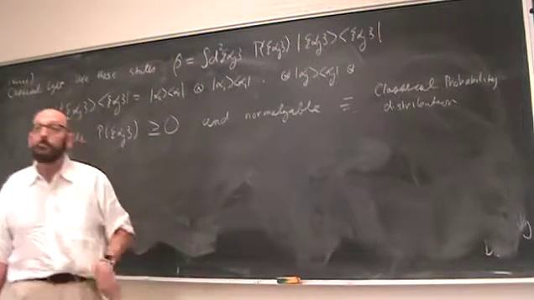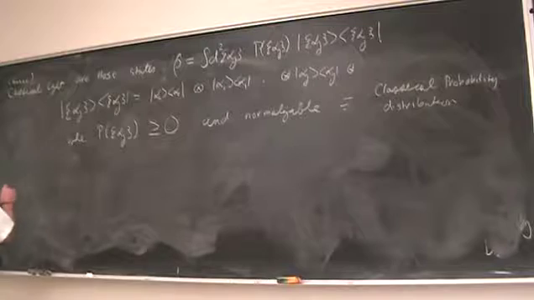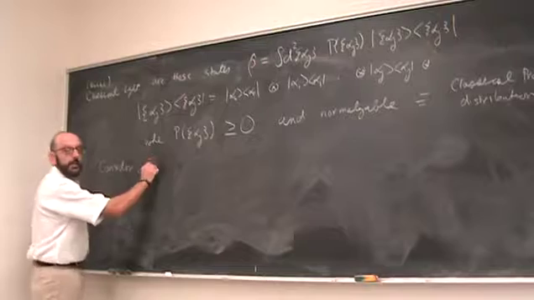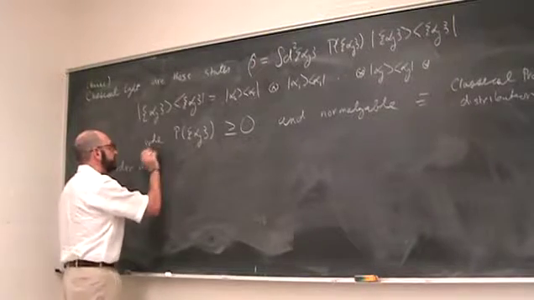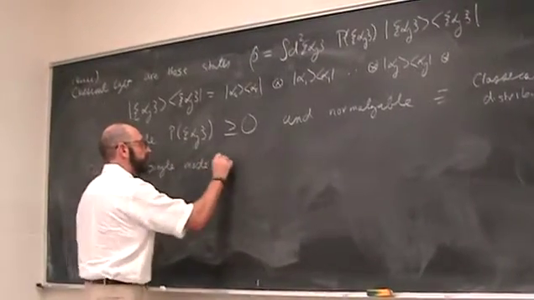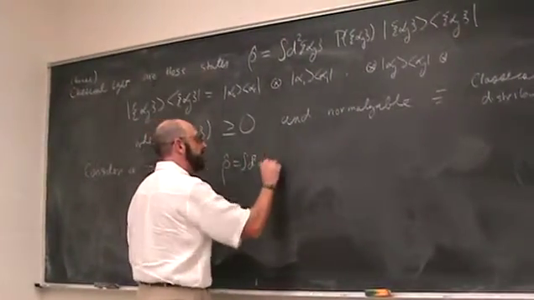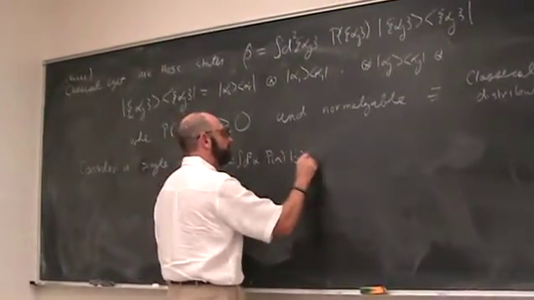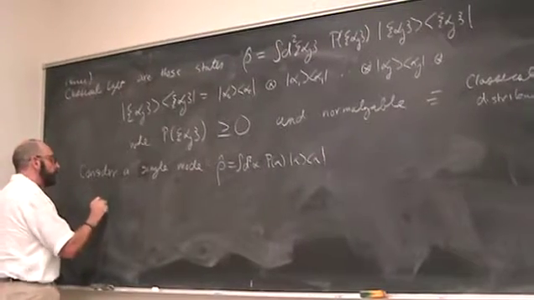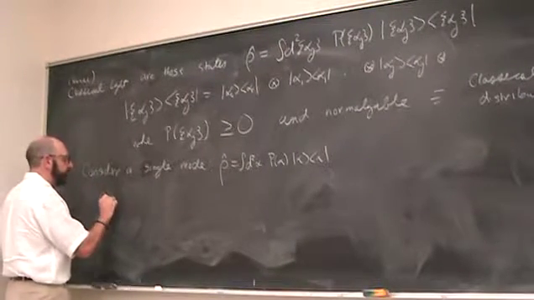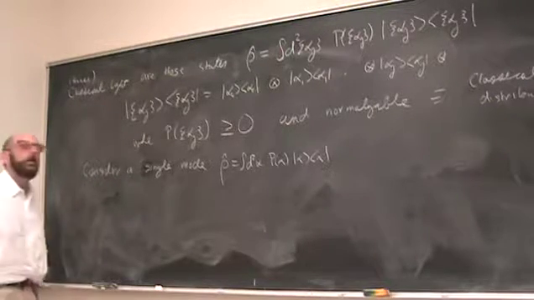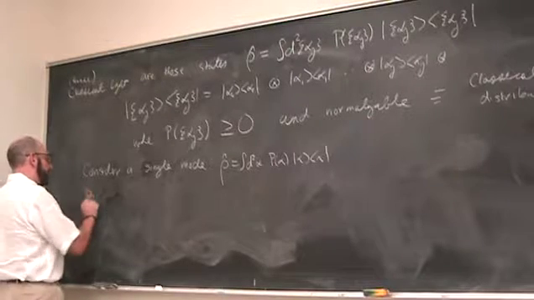So let's look for an example. Let's consider a single mode, just for simplicity, and simplify my notation. Let's ask ourselves what is possible in terms of the fluctuation if we were to have a photon counter. So let's consider photon counting.